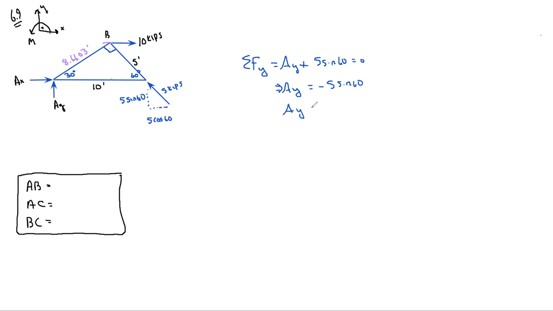AY is equal to negative 4.33 kips. The negative indicates that I have the AY in the wrong direction. Go ahead and clean that up right now. So it should be going downwards like that.